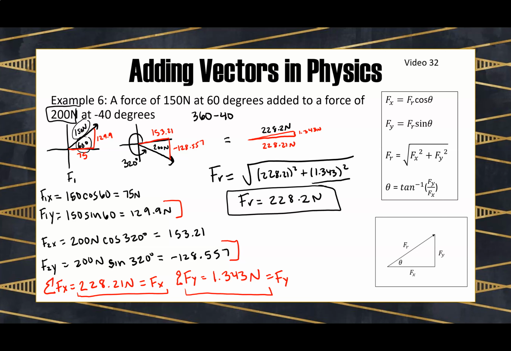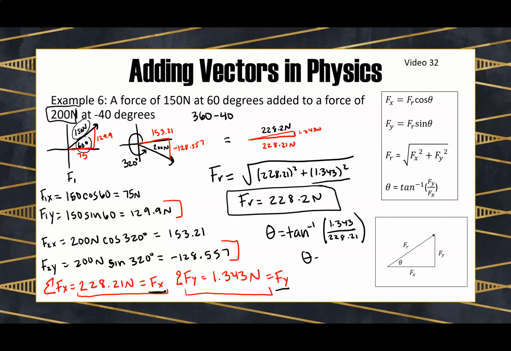Now our angle, we know it's going to be in the first quadrant, so all we have to do is theta equals tan inverse of my f sub y, which is 1.343, that's from right here, divided by my f sub x, which is 228.21 newtons. I don't need to write the N though.